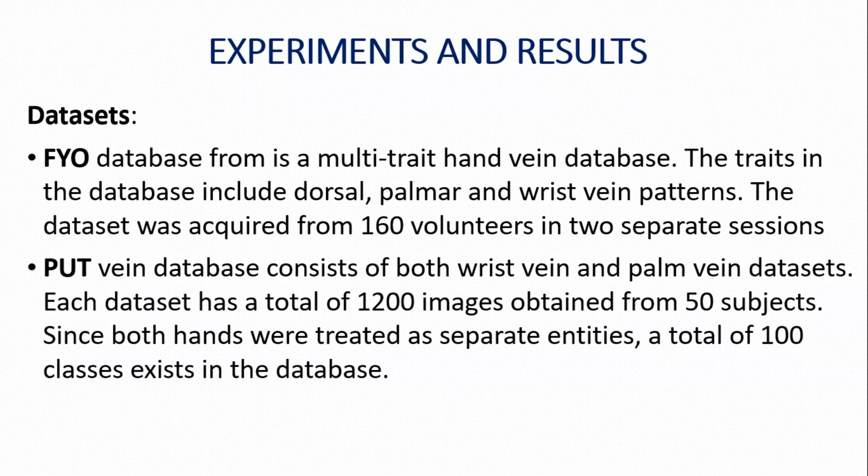The second one is the PUT vein database, which consists of wrist vein and palm vein datasets. Again, we have used only palm vein from this database as well. The database was taken from 50 volunteers in this case, but because they took from both hands, a total of 100 classes or 100 entities exist in this database.